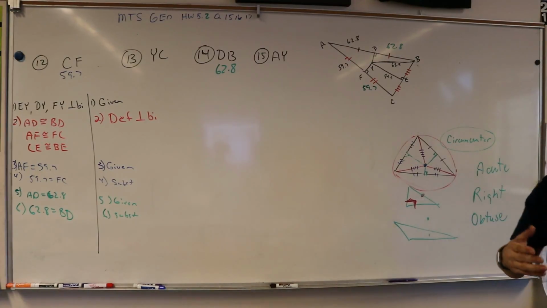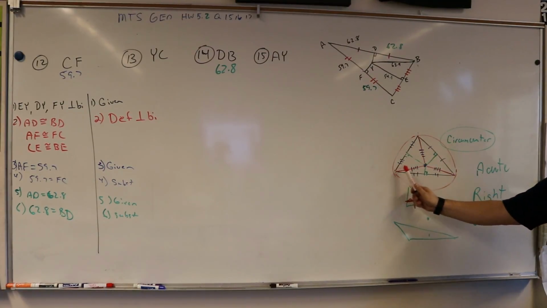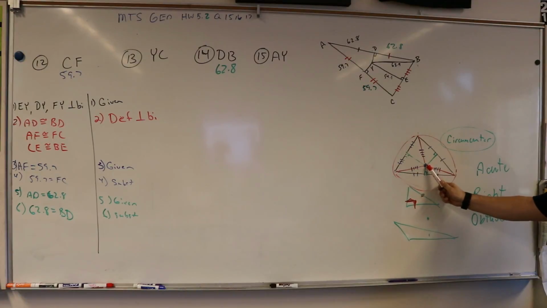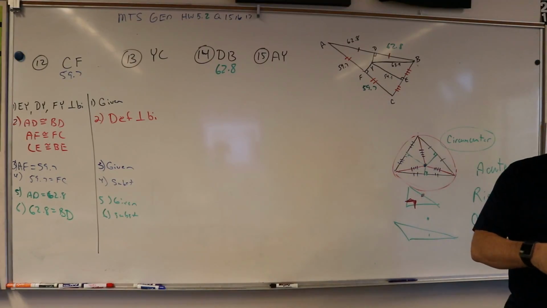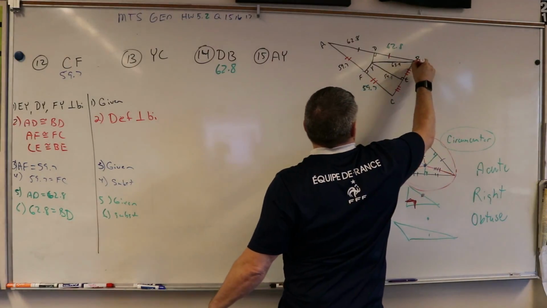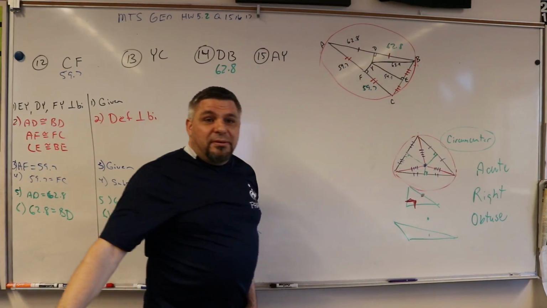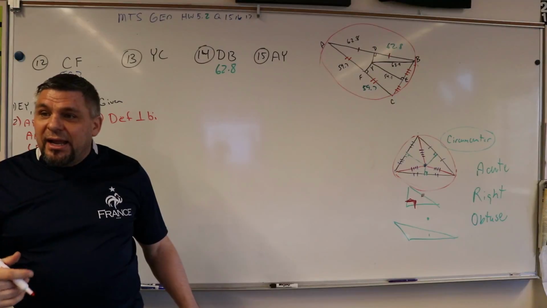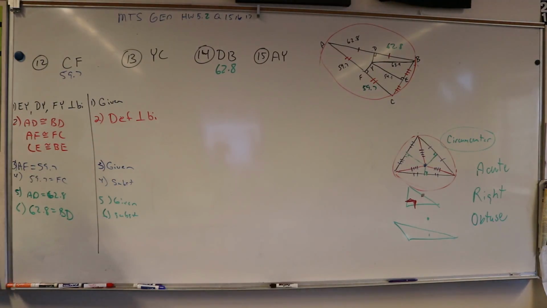All radii are the same. Correct? If we look right here, we know that the radius from the vertex to the center is always the same. So all we need to know is, do we know the radius of this circle? Now you can't see the circle, but you should know that it goes through all those points. And remember, the center of the circle is the perpendicular bisector intersections.